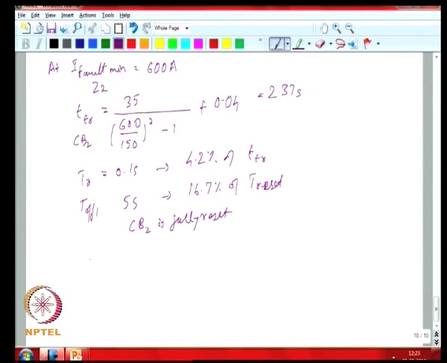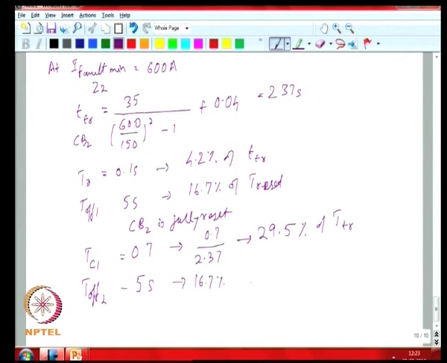If you look at your reclose duration TC1 of 0.7 second, that corresponds to about 29% of your trip time, and your T off 2 of 5 seconds, which is 16%, your circuit breaker 2 at this particular point.